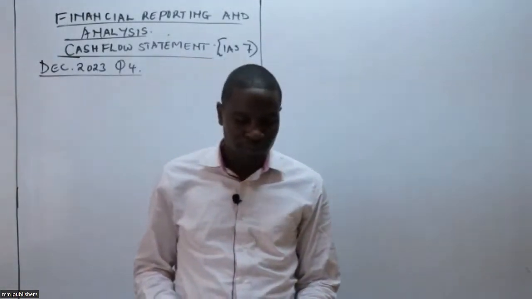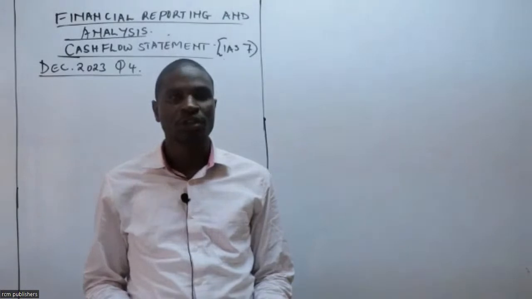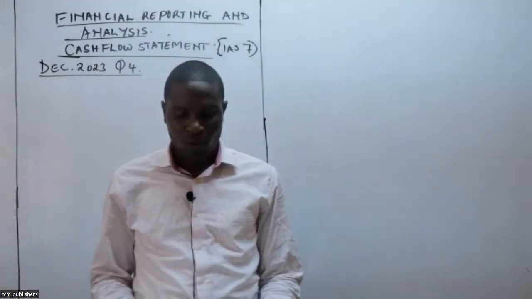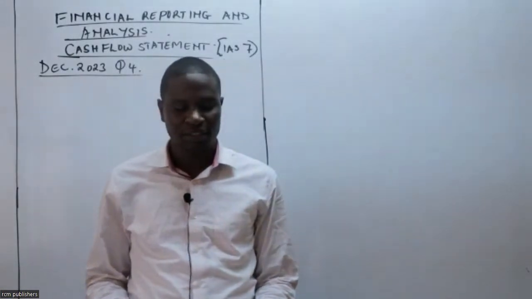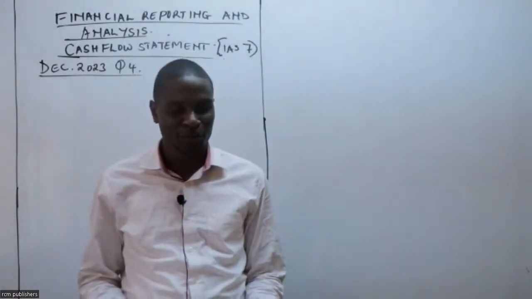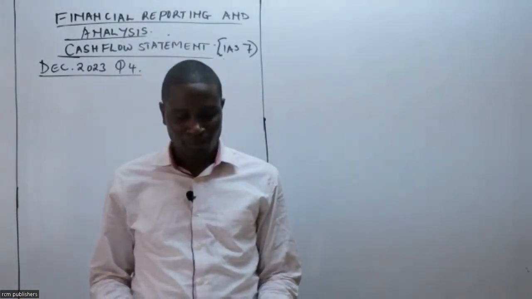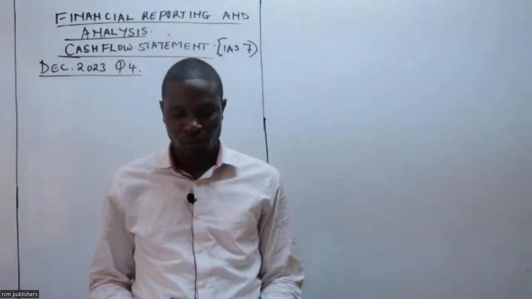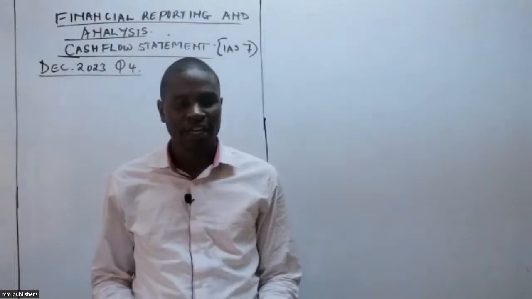Then 2, during the year ended 31st October 2023, Bundo Limited acquired some patent rights at a cost of 5 million. I hope you can see that. Any amortization of intangible asset has been included in administrative expenses. Good.